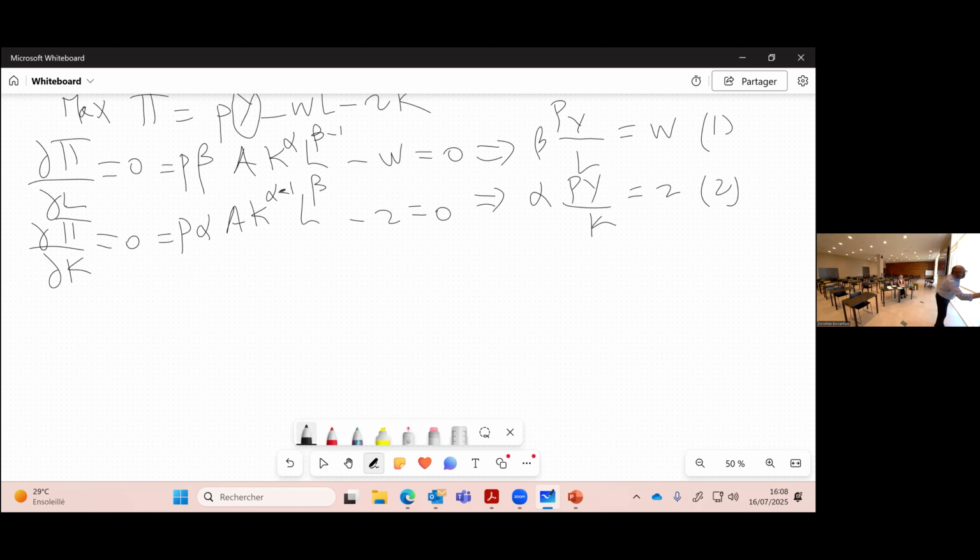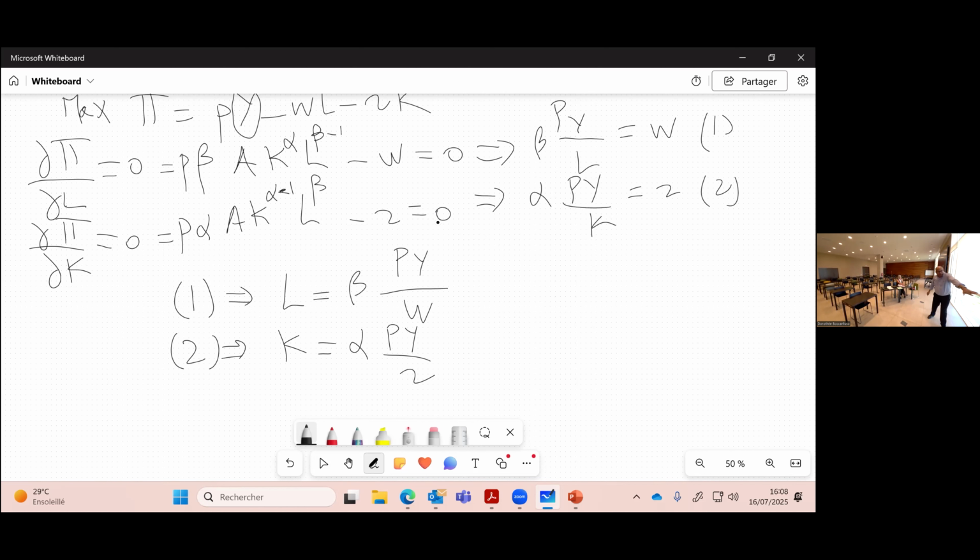Equation 1 gives me the relation for the factor demand: if I am looking for L, I isolate it from this, L equals beta P Y over W. This is the demand for the labor factor. This equation must be in the model. I can deduce exactly the same thing by the same structure, alpha.